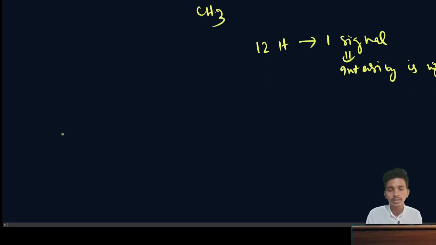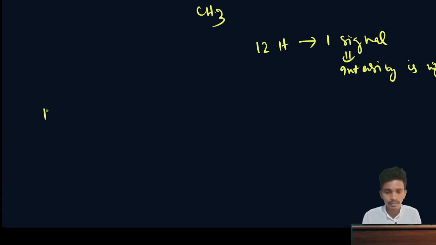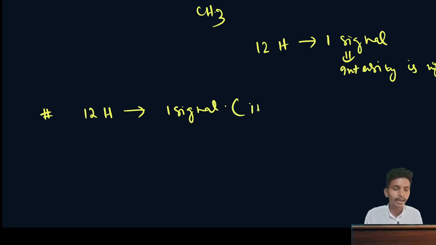So why do we use TMS as a standard reference? The reason is that there are 12 equivalent protons giving one signal, so the intensity is high.